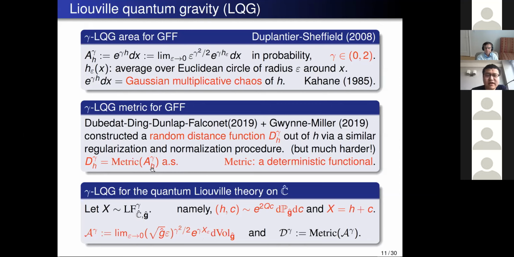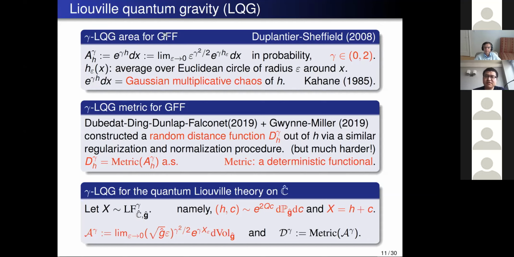So at this point, you might wonder: it seems that this Gaussian free field is already a very nice object, and this metric and measure are defined in a very natural way. So why do we bother to consider this funny infinite measure and define the area this way? One reason is that in the definition of this measure, we have chosen the regularization to be the Euclidean circle.